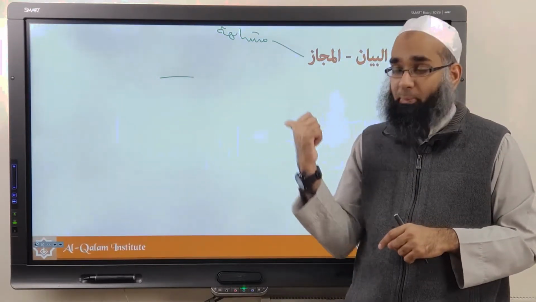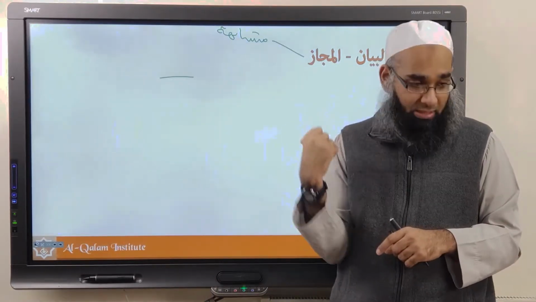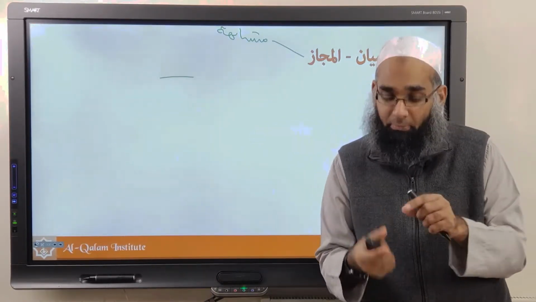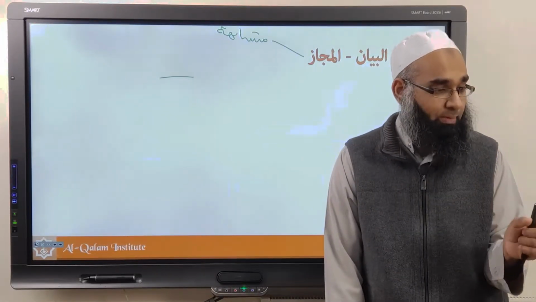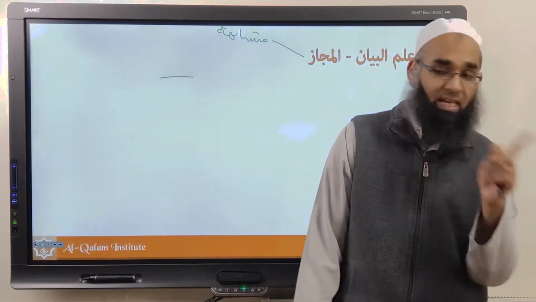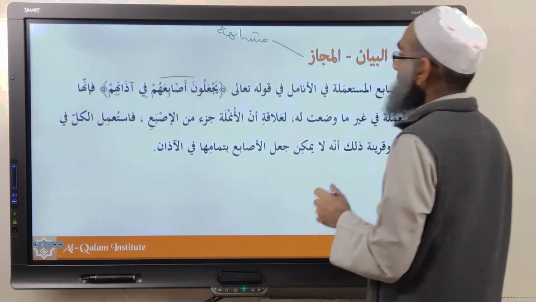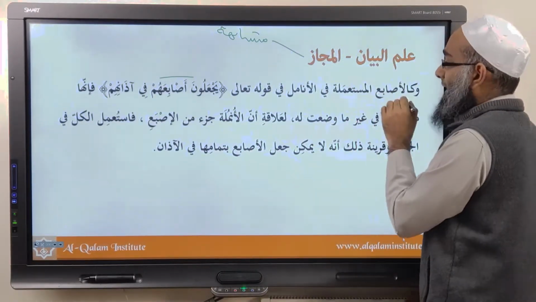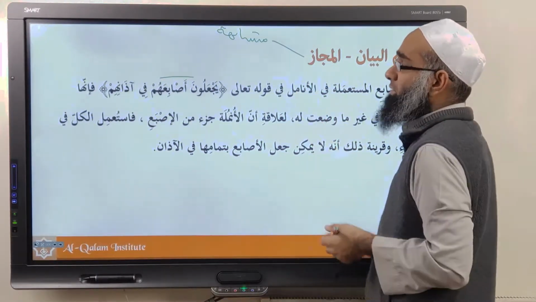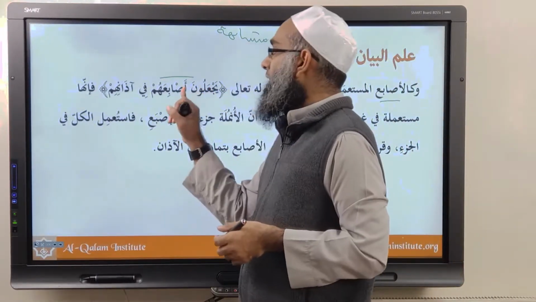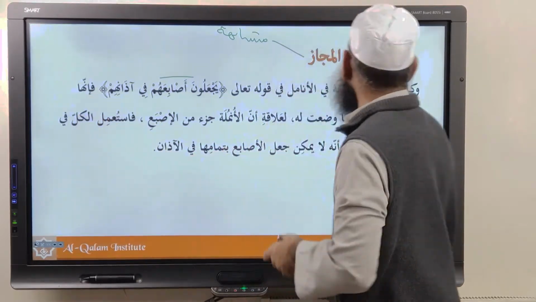But this is called majaz, not majaz isti'ara, it's called majaz mursal. And what does majaz mursal mean? That the link between the original meaning and the non-original meaning is not a mushabaha, but another element. Okay? So for example, the word asabi, which is used in the meaning of anamil, meaning tips, like in Allah subhanahu wa ta'ala's ayah, يَجْعَلُونَ أَصَابِهِمْ فِي آذَانِهِمْ فَإِنَّهَا مُسْتَعْمَلَةٌ.